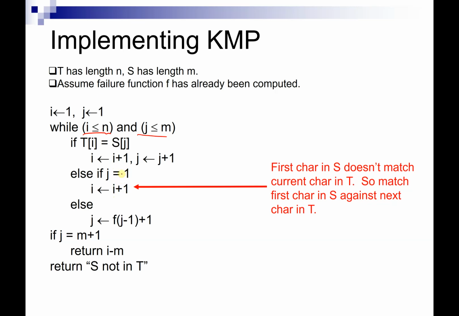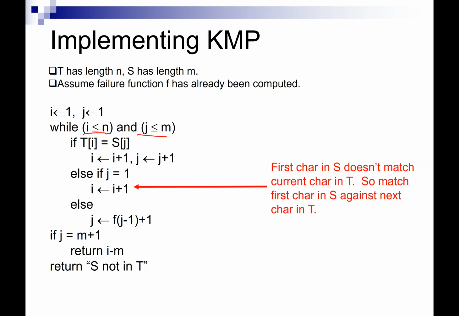The other case is where j is larger than 1, which means we actually managed to match a few letters of t and s. We managed to match j letters of t and s. In that case, if we get a mismatch on the next letter, we change j to f of j minus 1 plus 1.